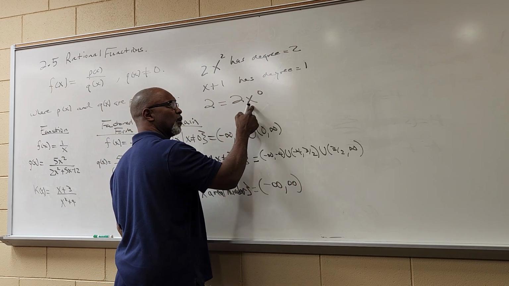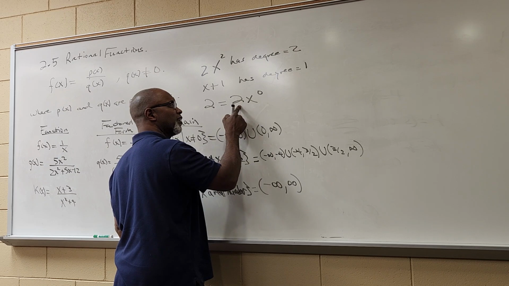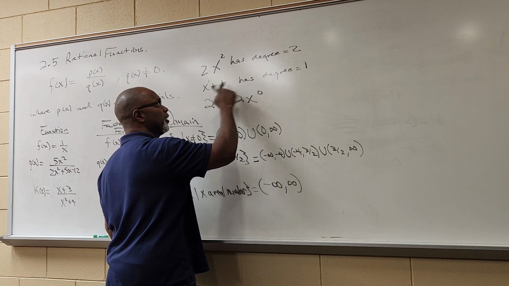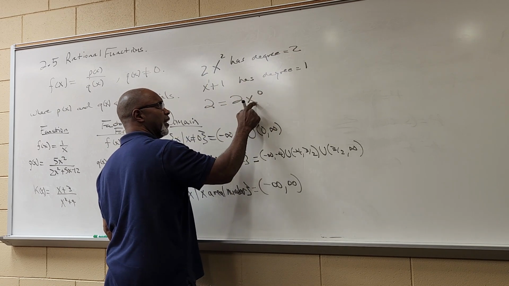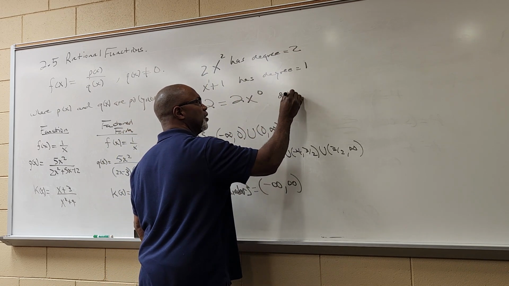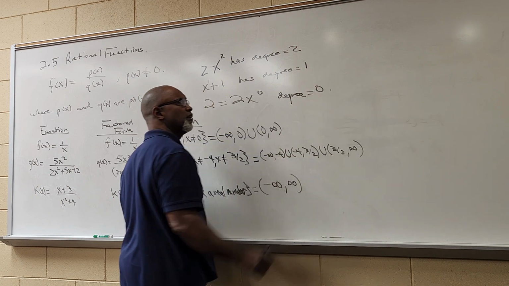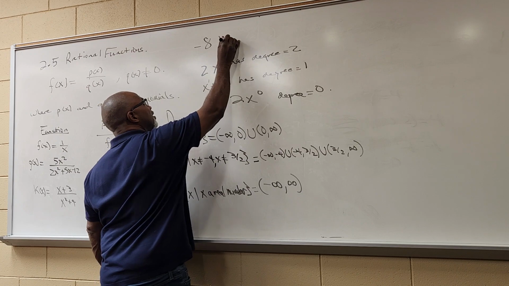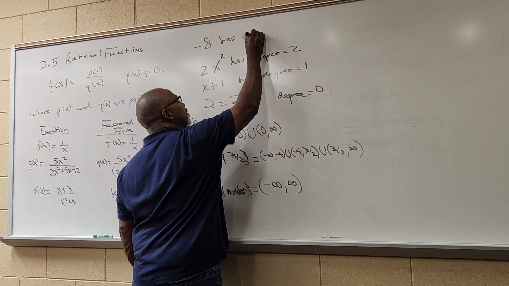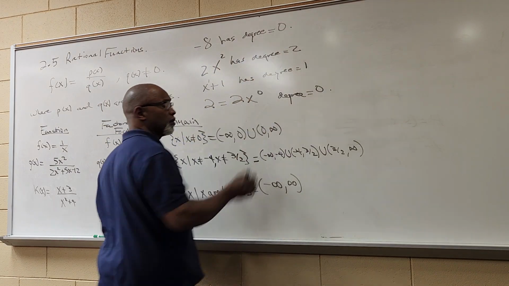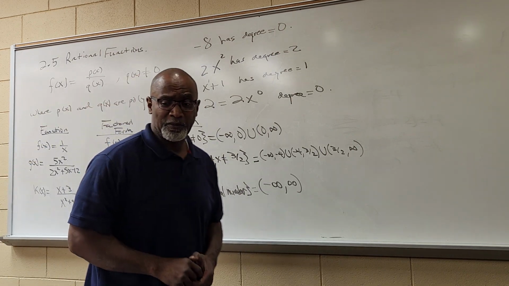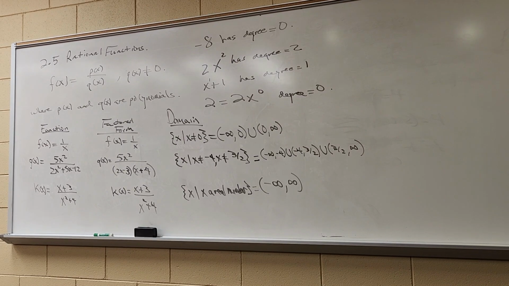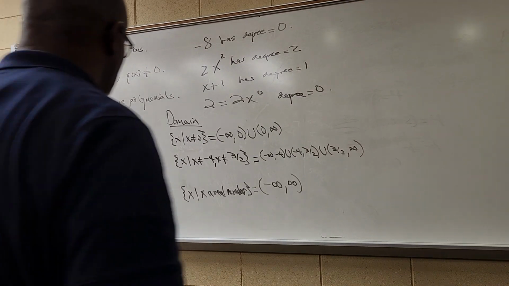X to the 0 is 1. So whenever you write a number, you can think of that number times x to the 0. And again, since the exponent determined the degree, x to the first, degree 1, x to the 0 means this is degree equals 0. So numbers, negative 8, will have degree equals 0. All numbers have degree 0 because a number is just that number times x to the 0. Okay? So numbers always have degree 0.